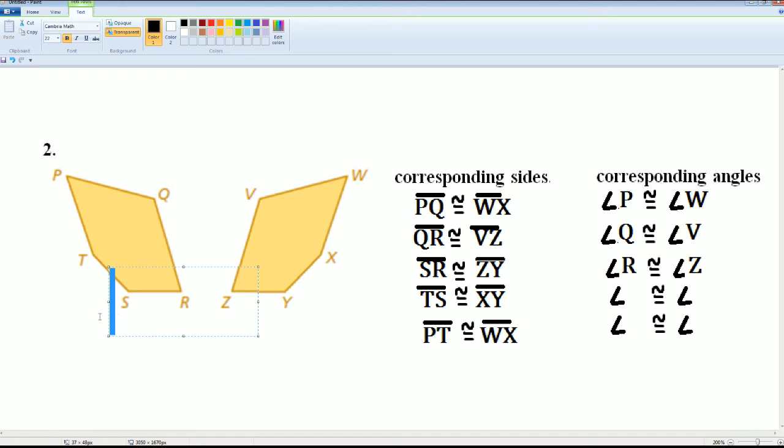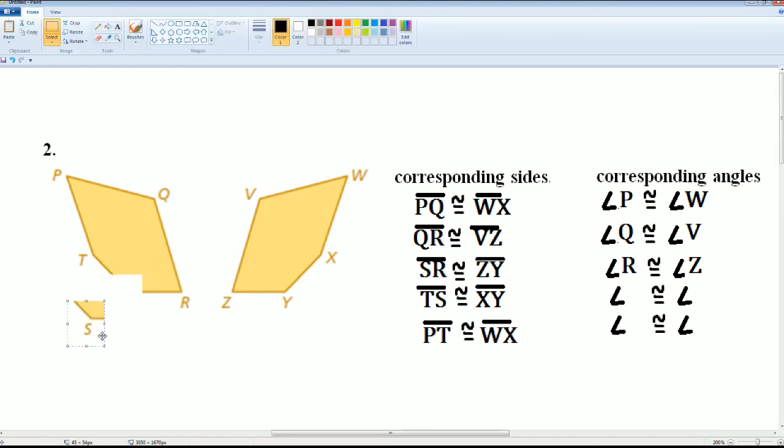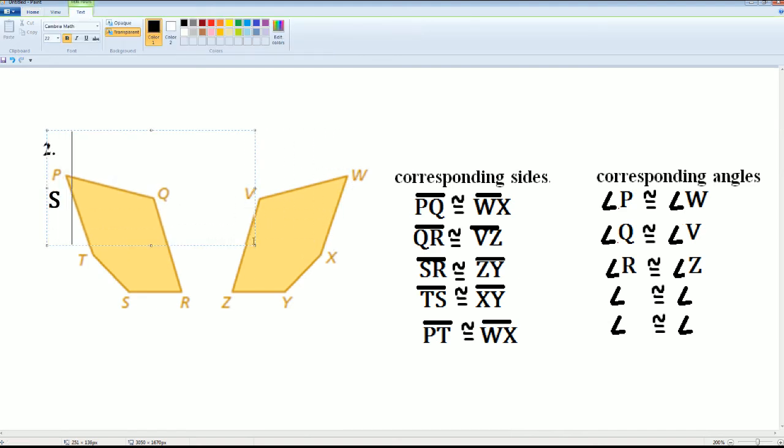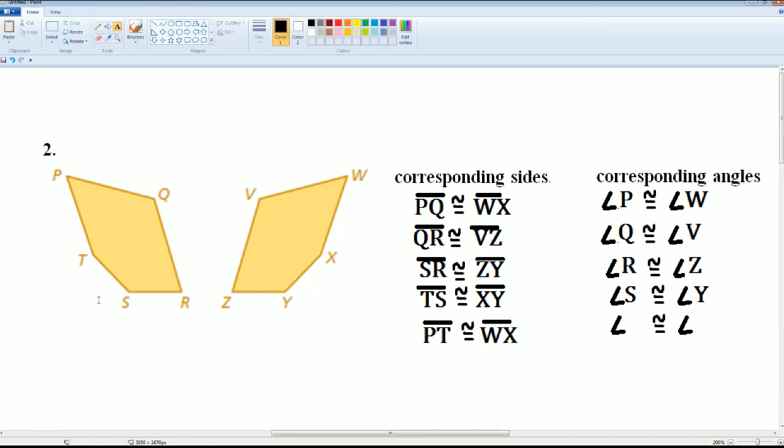S and Y matches. Those angles. Angle S matches up with angle Y. Good.